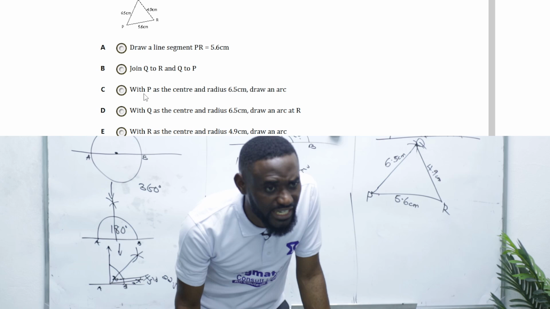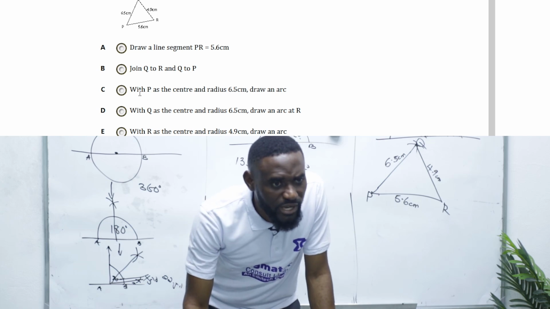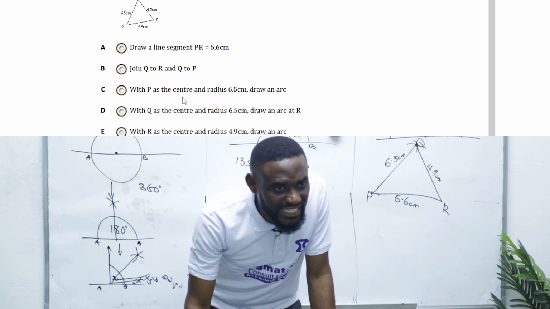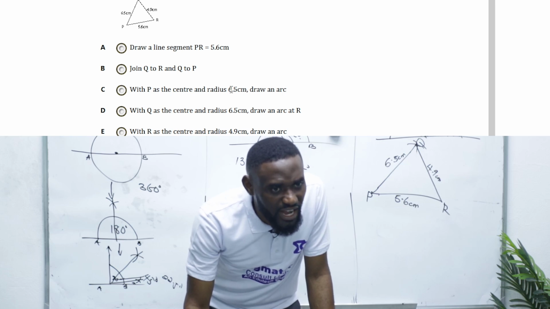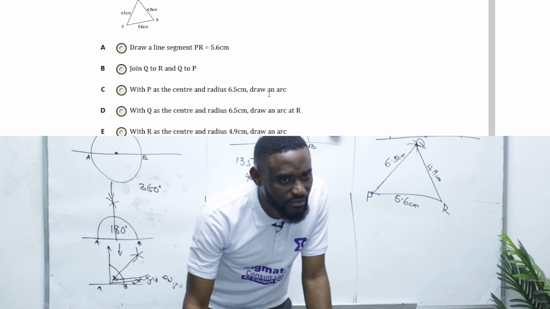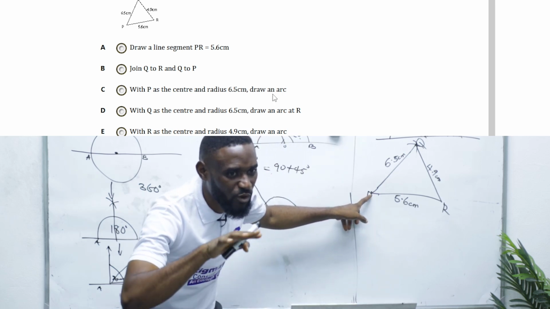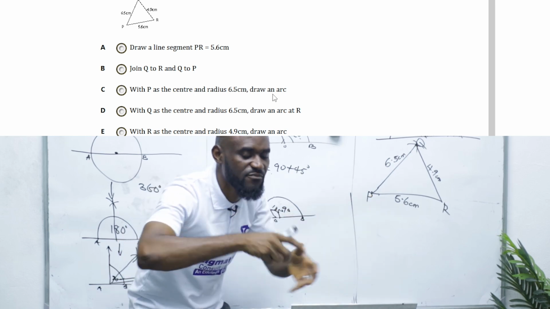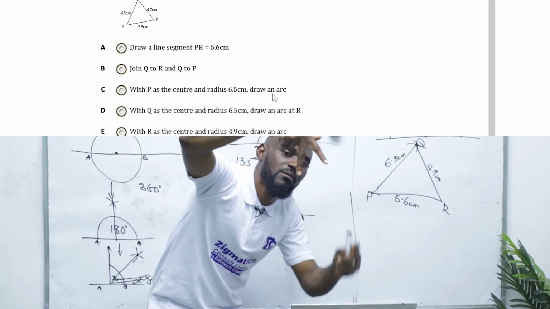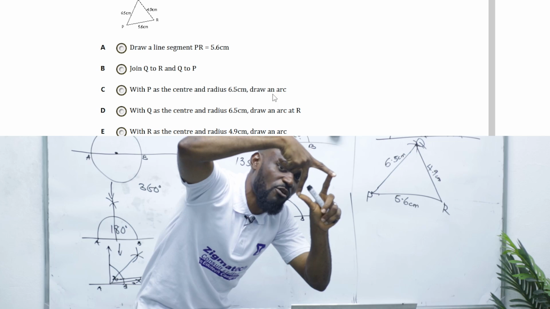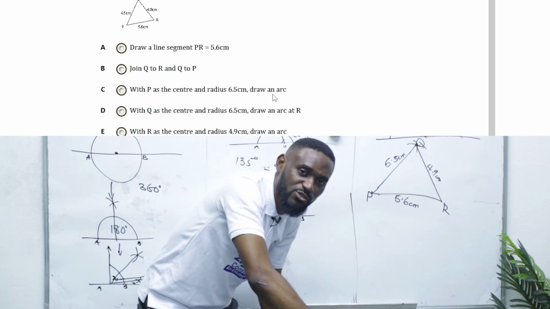Let's look at the next step in option C. With P as the center and radius 6.5, draw an arc. Remember what I said, if you carry your compass, take any particular length of the ruler, that is your radius.